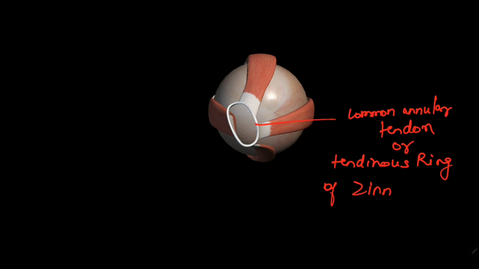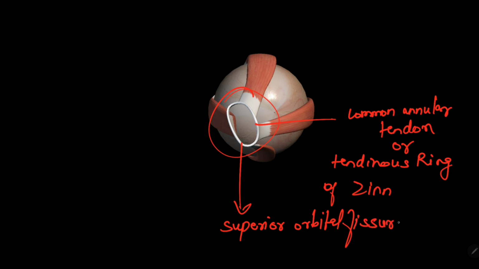Now where is this tendon present, or in which fissure is it attached? This whole ring is getting attached to the superior orbital fissure, the middle part of the superior orbital fissure.